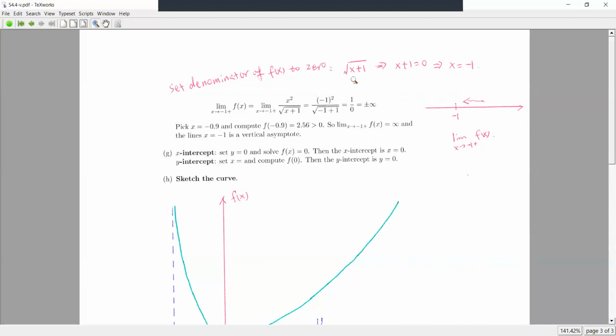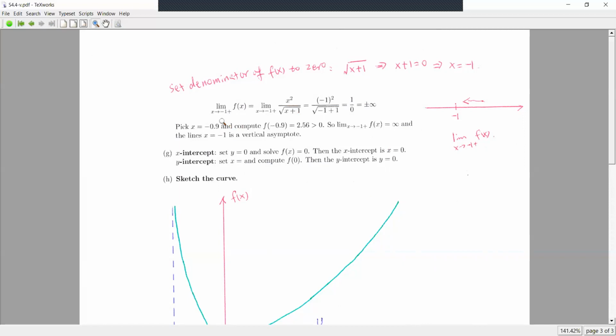Now I set the denominator of the function to 0. Square root of x plus 1 equals 0. Take the square on both sides, then I get this equation. So I get -1. So at -1, the denominator is 0, and the function is likely to be infinity.